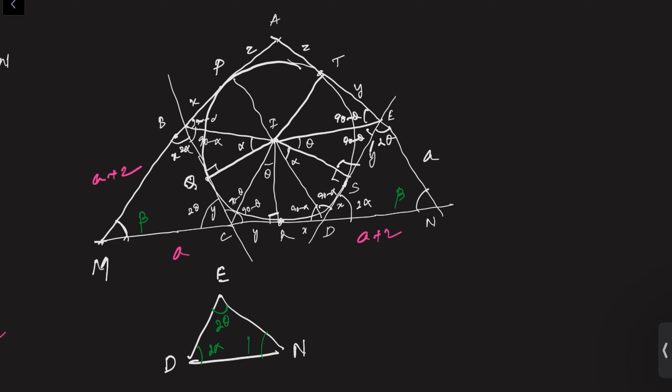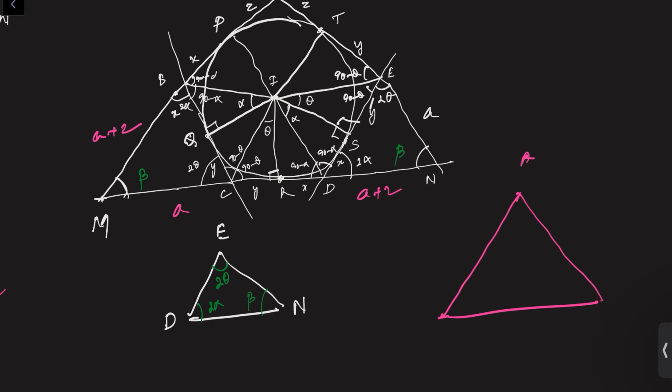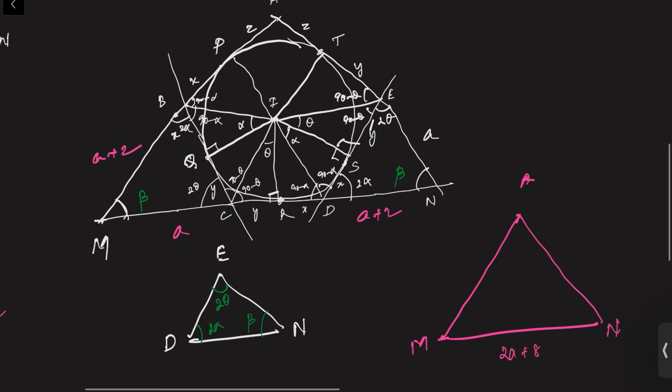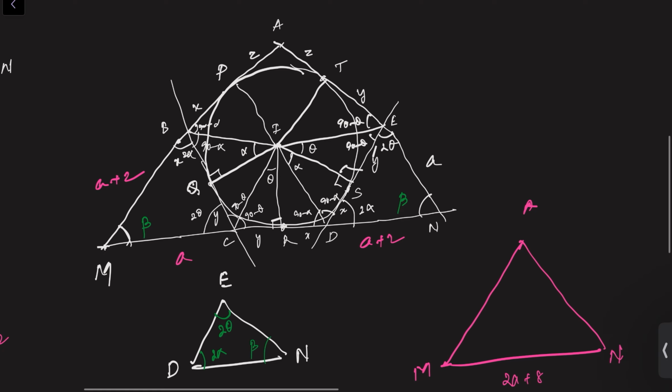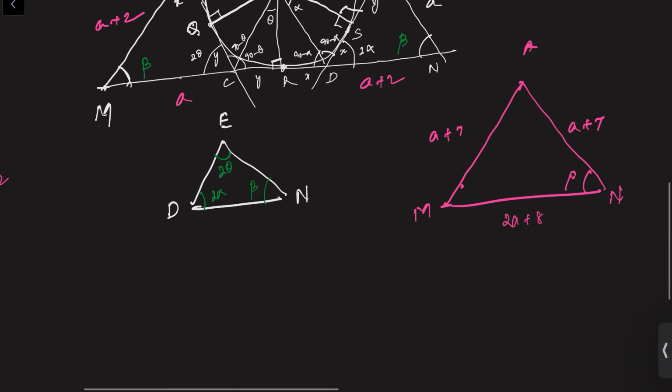Similarly, if we consider the bigger triangle AMN, the total length is A plus 2 and 6, that is 2A plus 8. And AN is A plus Y plus Z, and we know that Y plus Z is 7. So this will be A plus 7, and AM will also be A plus 7 since AMN is isosceles. And we have this angle as beta, so these angles are beta.